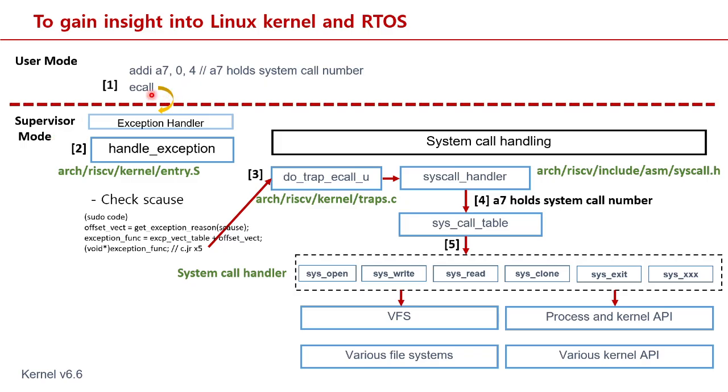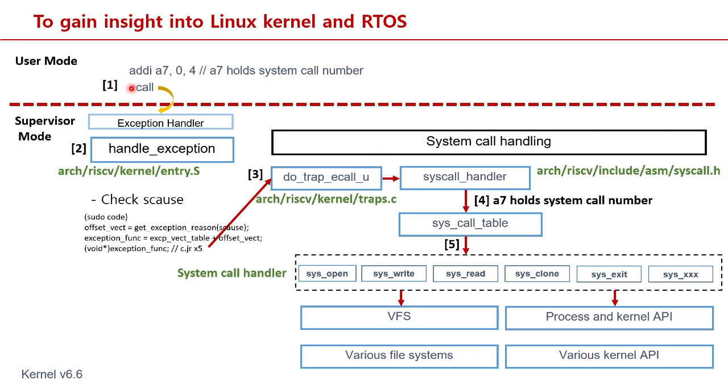Before running the ecall assembly instruction, the system call number can be specified using the a7 register. After control moves to the trap handler in Linux kernel, a function call is made to do_trap_ecall_u. Inside this function, it will read the system call number using the a7 register. Later, the corresponding system call handler will be called in this step.